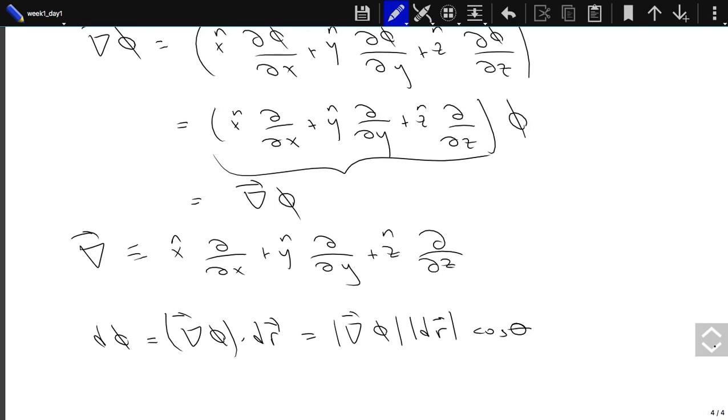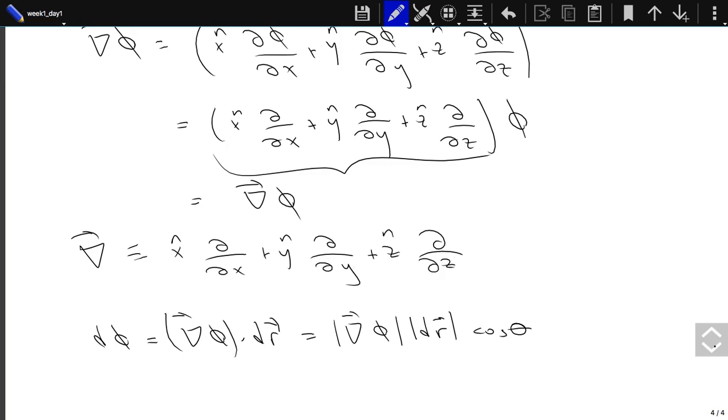So what is the maximum possible value of cosine? 1. When theta is equal to 0, cosine is 1. So this number over here is maximum when theta is equal to 0. That is when dr and gradient of phi are in the same direction. Now, gradient of phi is determined by phi.